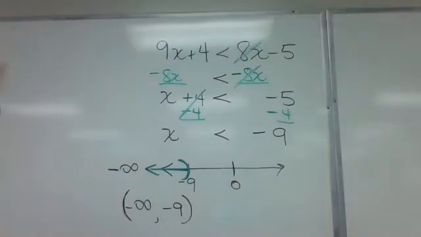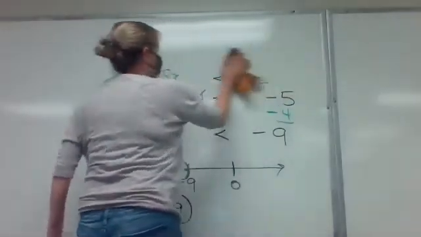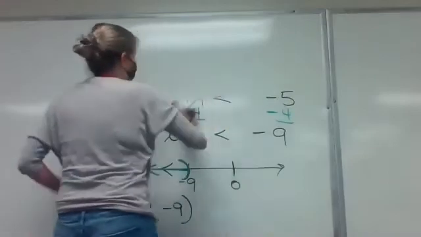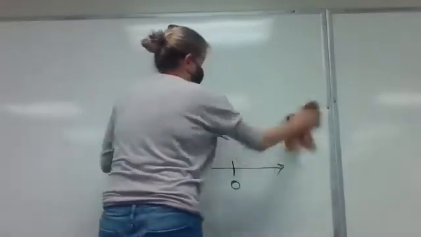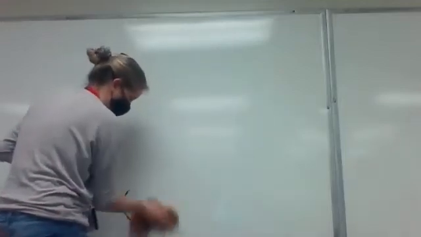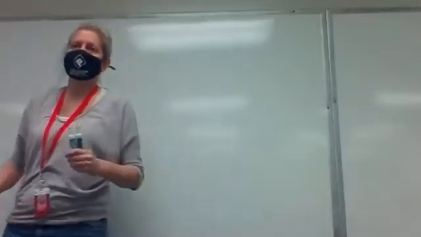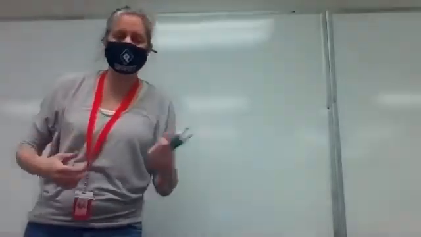This is a tricky section. A lot of people have a lot of troubles with the less than and greater than stuff. There's just so much that goes into every problem. There's stuff you have to remember. You got to remember whether it's going to be a parenthesis or a bracket. Is my arrow going to go to the right? Is it going to go to the left?